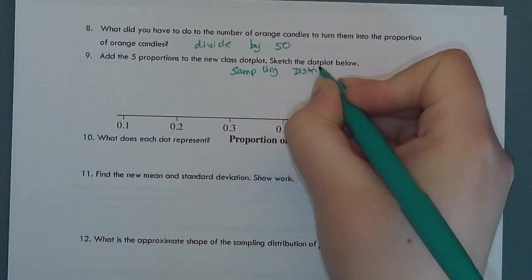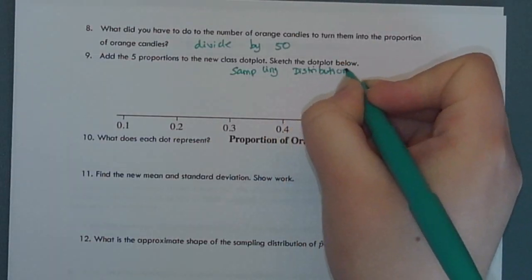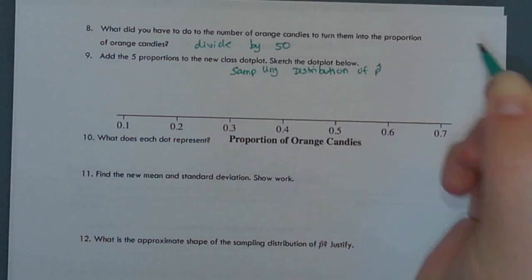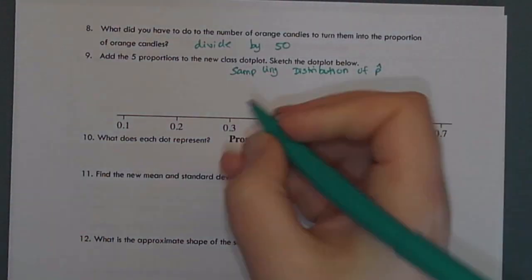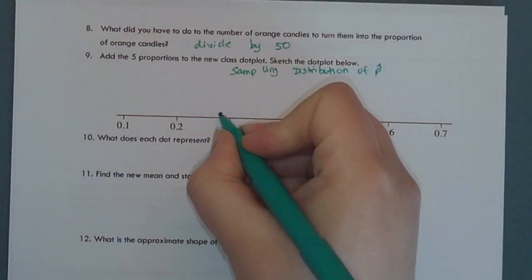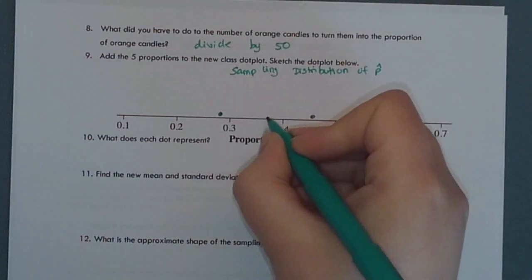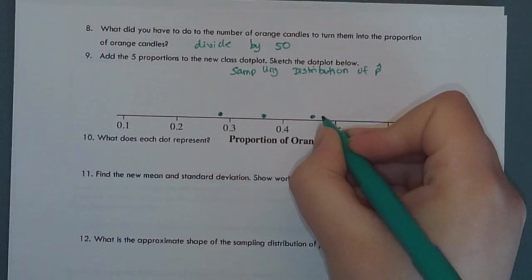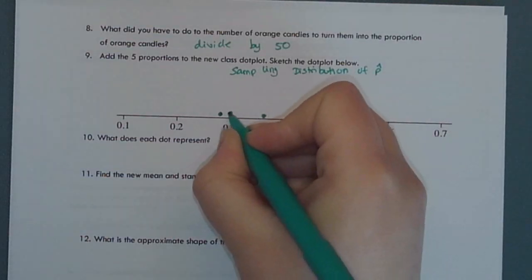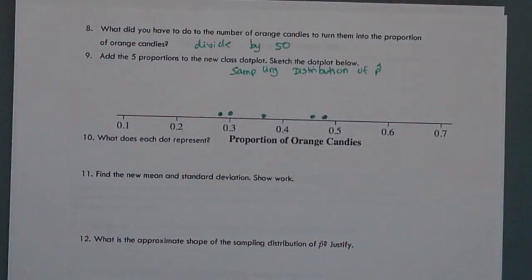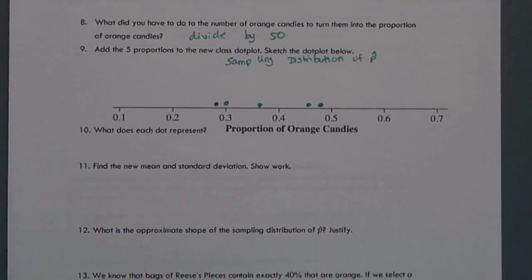You should have 30 dots on your papers when you're done. So I had the 0.28, 0.46, 0.36, 0.48, and 0.3. Those were mine. So make sure you get those 5 down, your own 5, and then the 5 of the 4 other people in class.